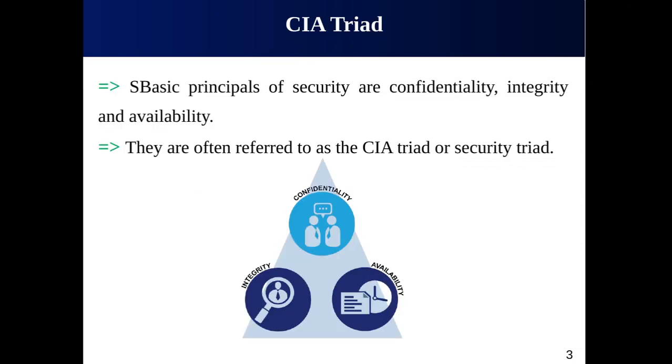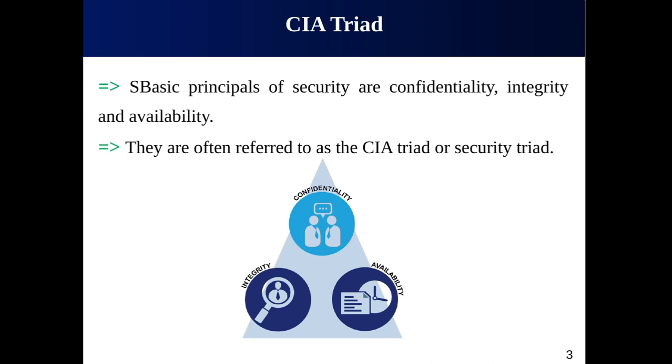This is known as the CIA Triad. C stands for confidentiality, I stands for integrity, and A stands for availability of information. We will study these three concepts in detail. But first, let me tell you that these three are normally referred to as the CIA Triad.